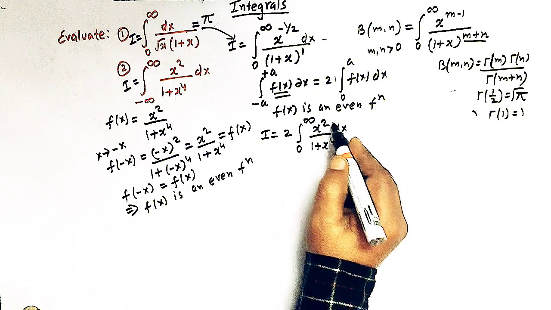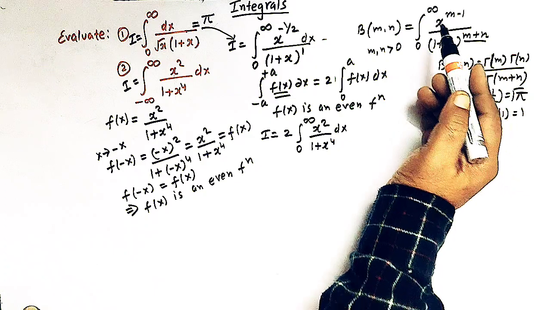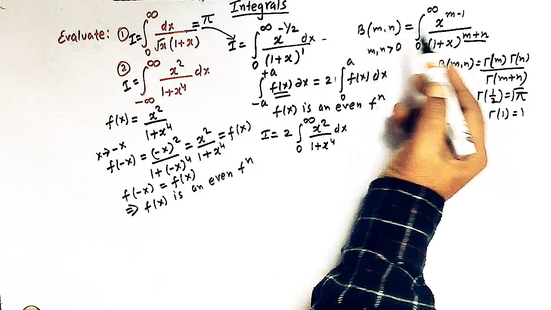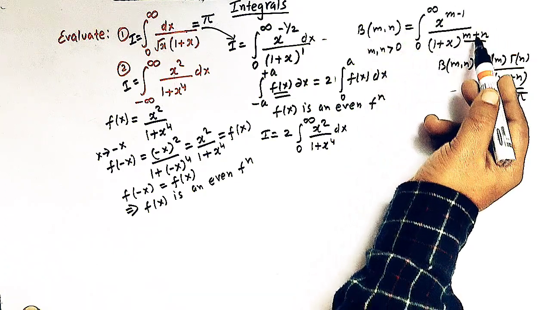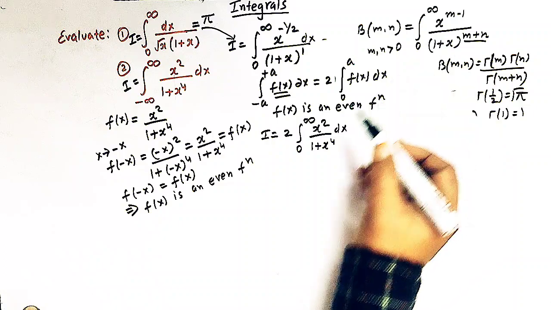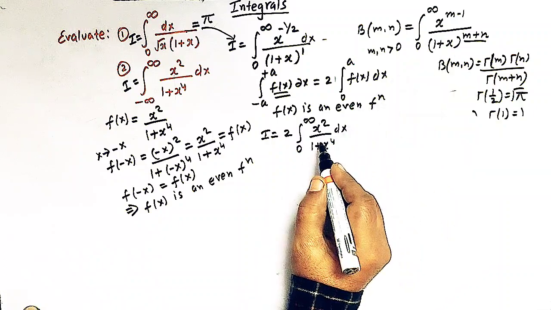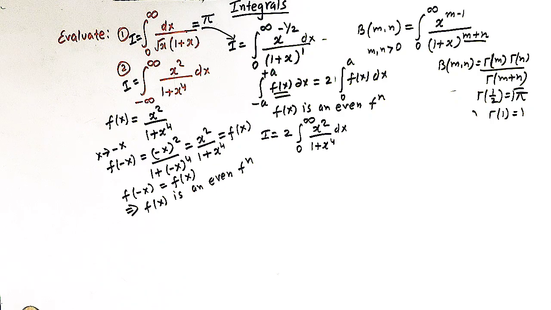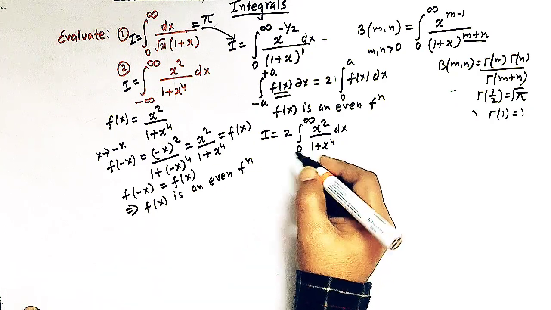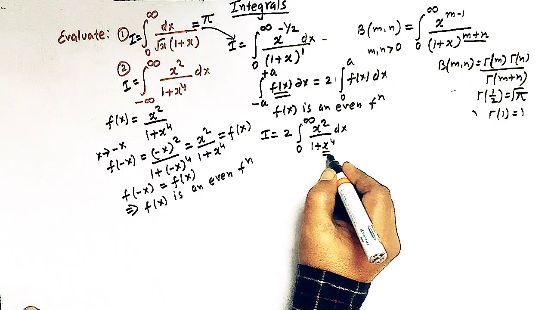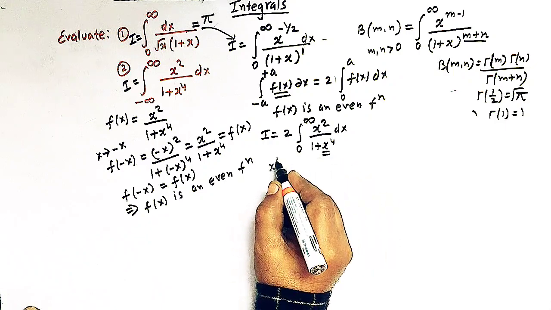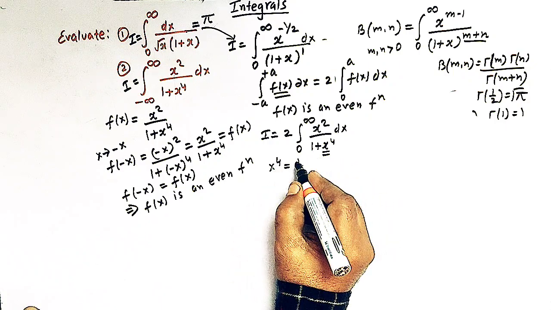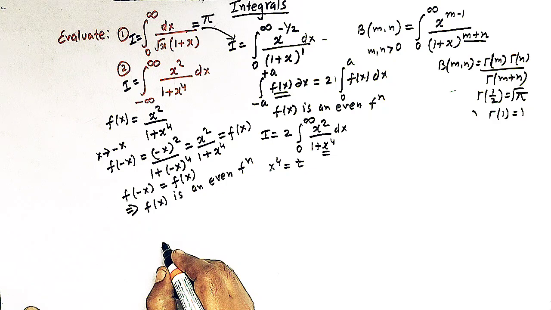Now we have to convert this integral into the beta function, that is into this form. So to convert this integral into this form, we have to make use of the substitution method. And for applying substitution method, we'll take x raised to 4 is equal to some variable, say t, right?